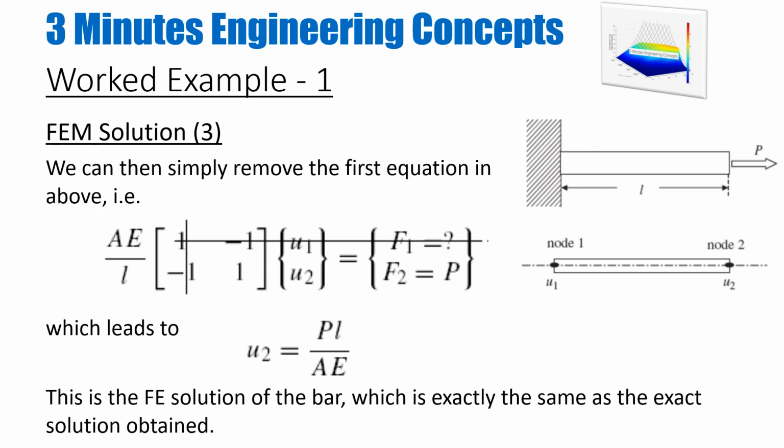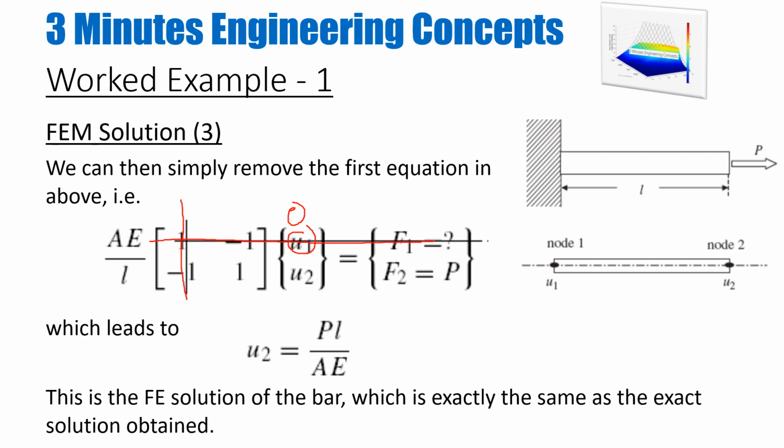So the best approach in this case is by elimination. What you do is you try to eliminate the things which are known to you, and for example, if you have fixed boundary condition, this means my u1 here is 0. So if I replace this u1 with 0, then I can just eliminate this equation, this row and this column from these matrices.